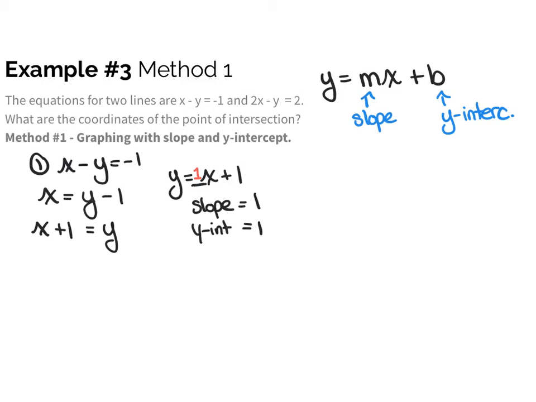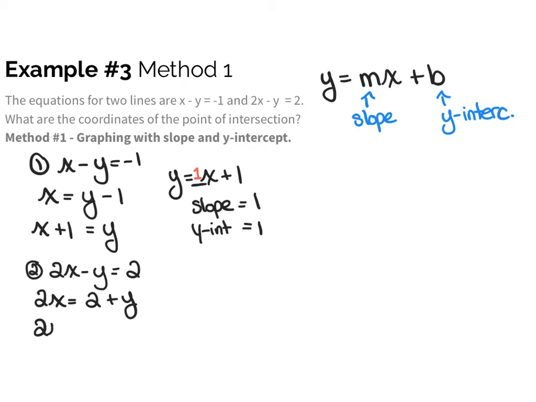Then we looked at the second equation, 2x minus y equals 2. And I had us rearrange that. So we moved the y over, 2x equals 2 plus y. And then we moved that 2 over to get y all by itself.